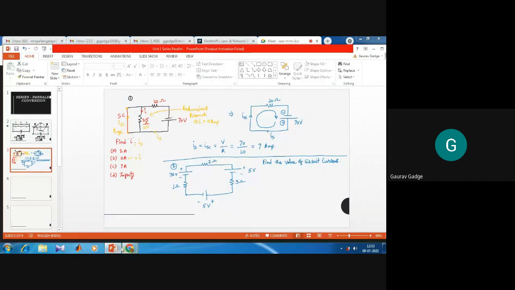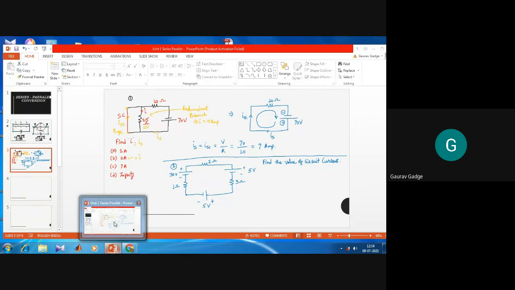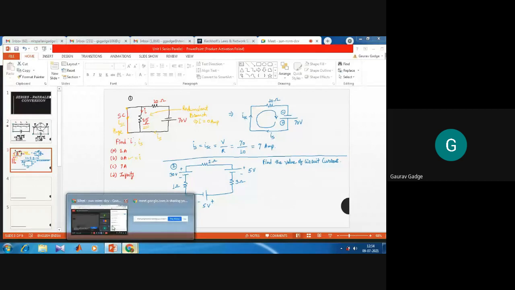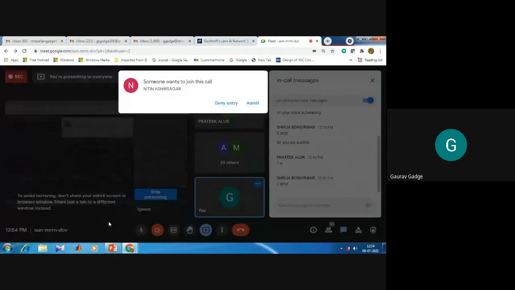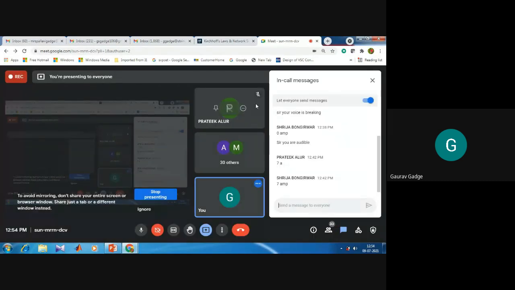See, this particular pattern of numericals definitely will be there in the sessional examination and university examination. Yes, anyone?